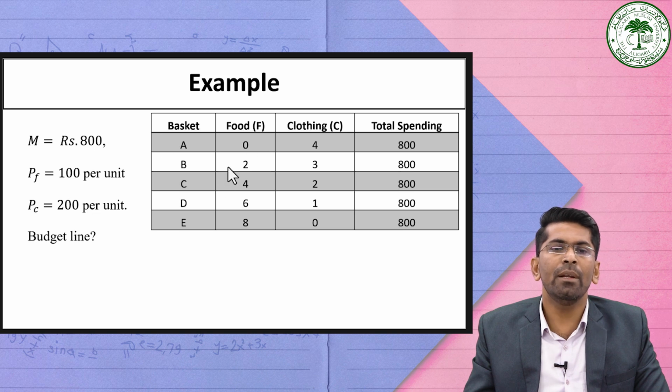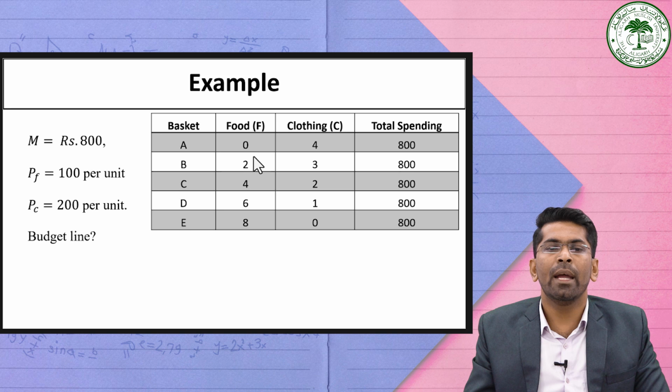If he spends his entire income on clothing, then 4 units of cloth can be purchased because the price of cloth is 200. So 200 into 4 is equal to 800. 800 is the constraint here because he has only 800 rupees to purchase both commodities. So at that point he cannot purchase the food.